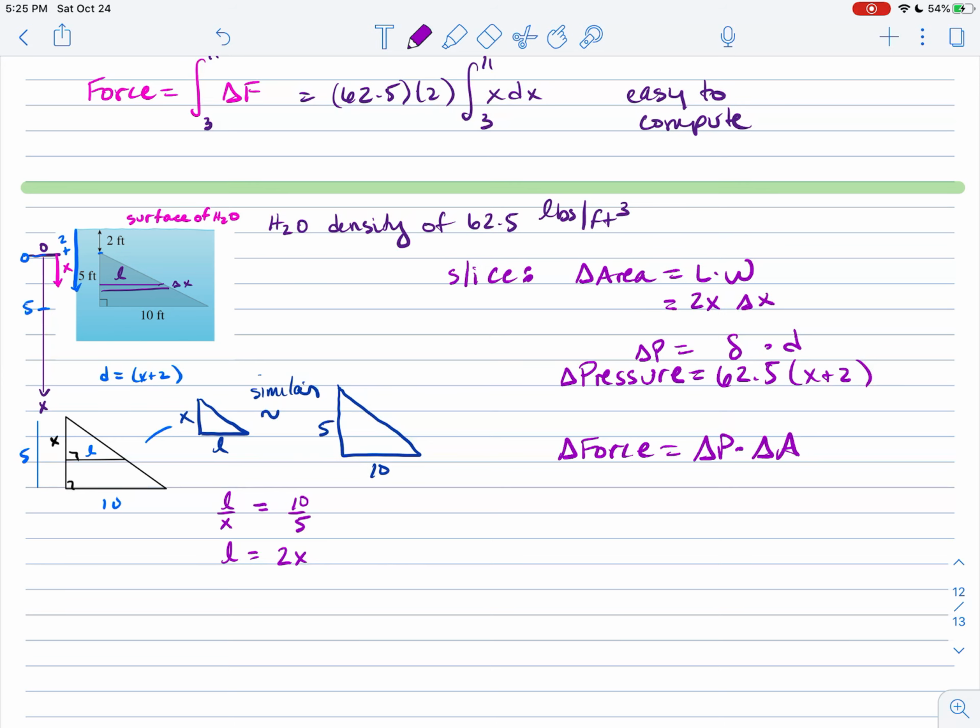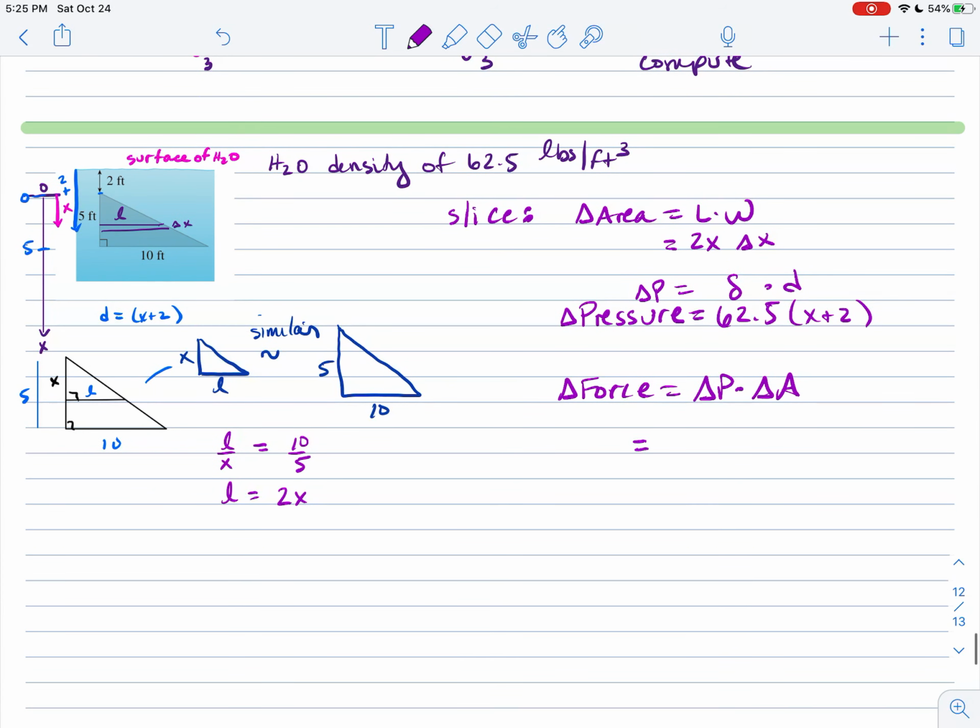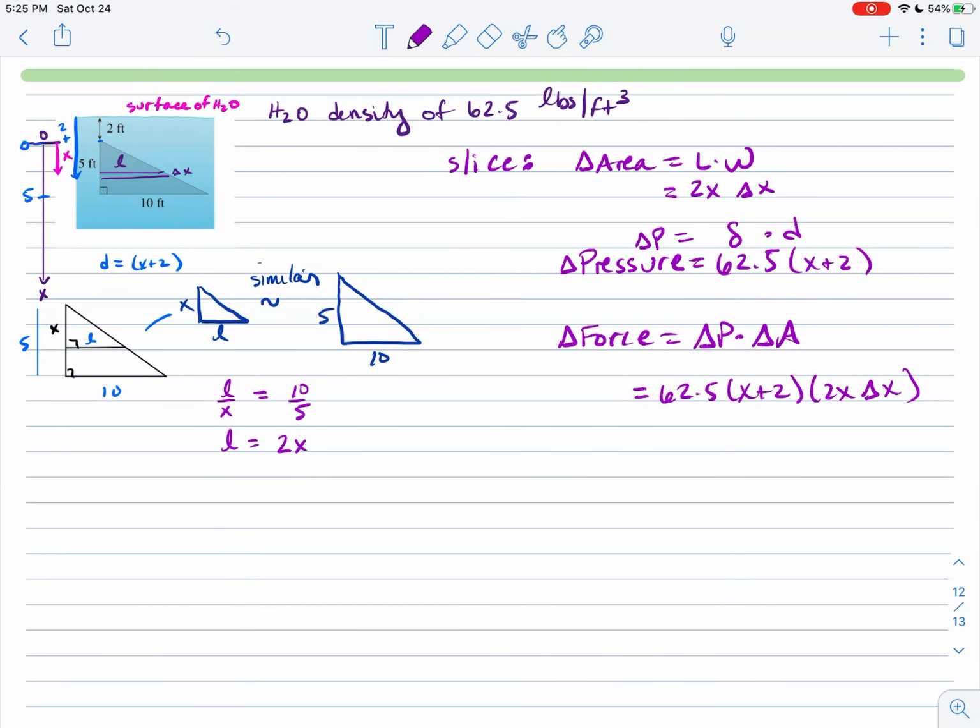Delta pressure is density times the depth, and we have that. Next up, our delta force is going to be the delta pressure times the delta area, and we're going to get 62.5 times (x plus 2) times 2x delta x. Putting that together, we end up with 2 times 62.5, and I would distribute the x, so we would have (x squared plus 2x) delta x, because I'm about to integrate.